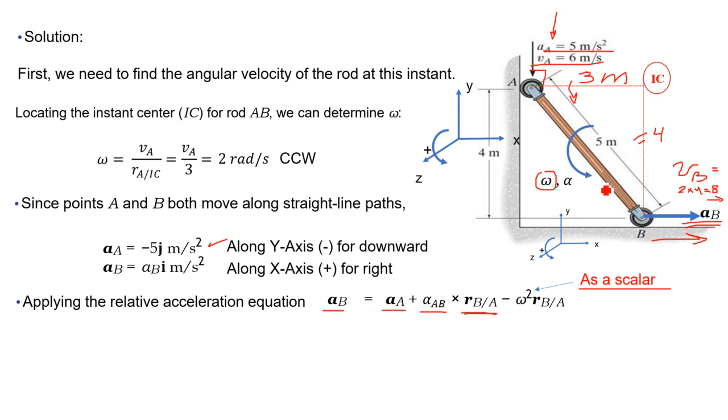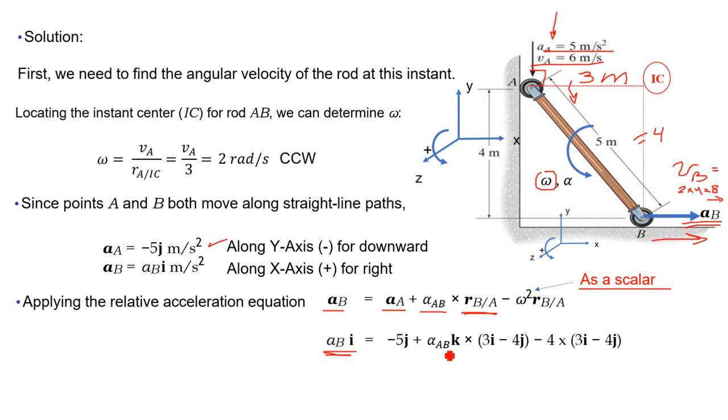So 3i minus 4j. And the same thing is going to be repeated here. The omega is already 2, so we can have this one as 4. So I'm going to substitute everything in it, as I mentioned earlier, and we can solve for that and find the value for the a_B.